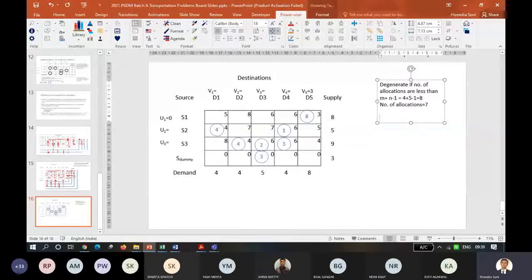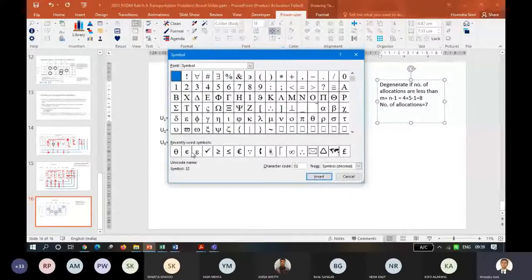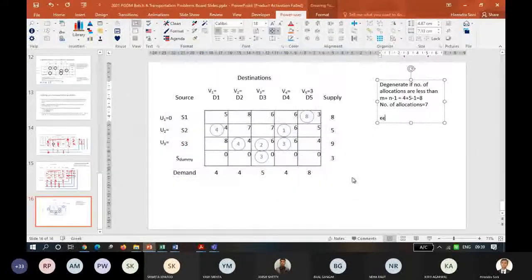Okay, so where will we place epsilon? In the least unallocated cell. Least unallocated cells, but at the same time we need to ensure that it does not form a loop with any of the allocated cells.